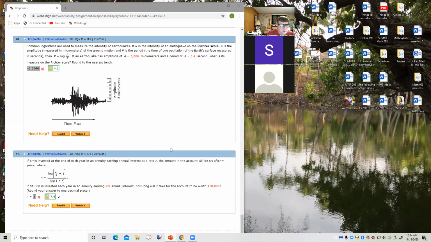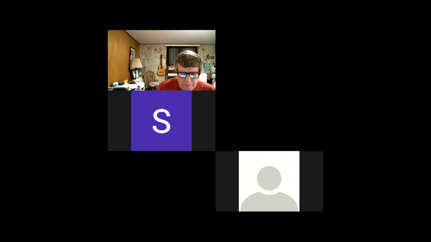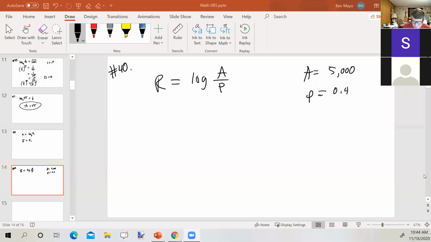All right, so what do we know? We know that A is 5,000 and P is 0.4 seconds. So if we put that into our formula, R equals the log of 5,000 divided by 0.4.